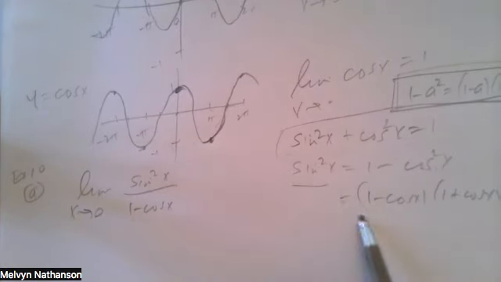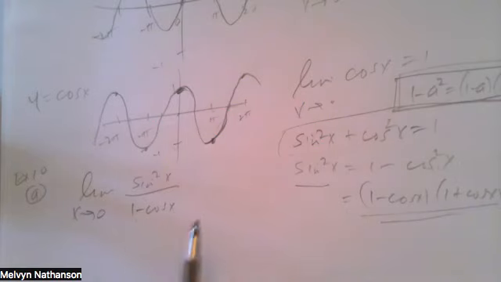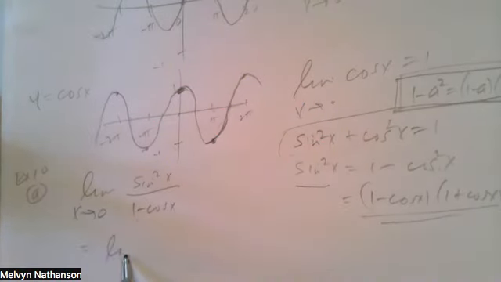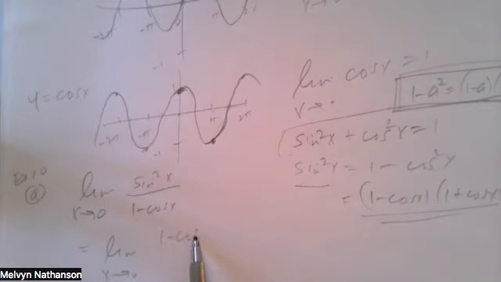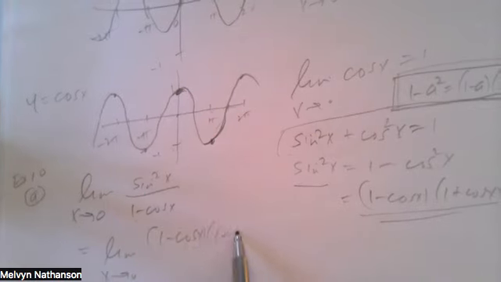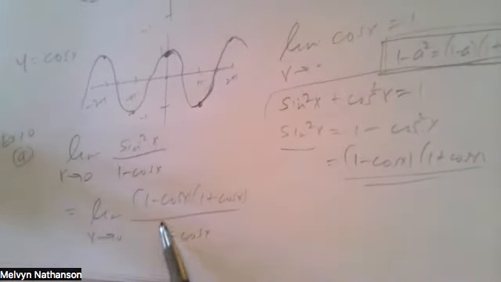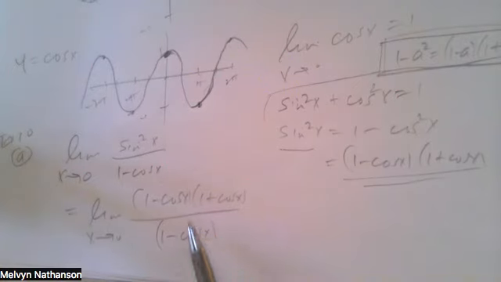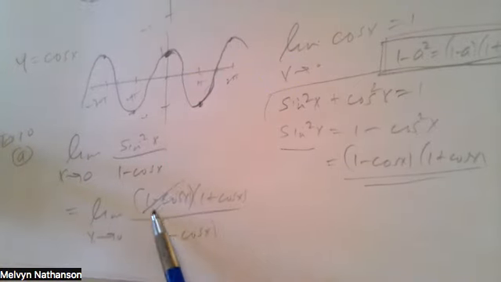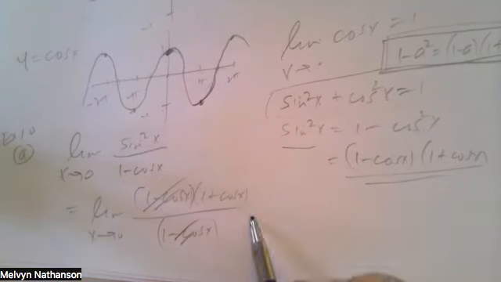So I can replace sine squared x by this expression. So this is the limit as x goes to 0 of 1 minus cosine x times 1 plus cosine x, divided by 1 minus cosine x. And now you can see a miracle happens. The 1 minus cosine x in the denominator cancels the 1 minus cosine x in the numerator.